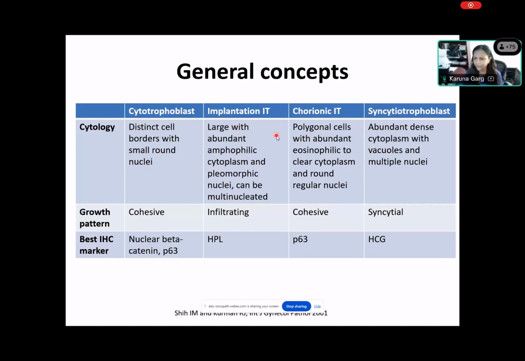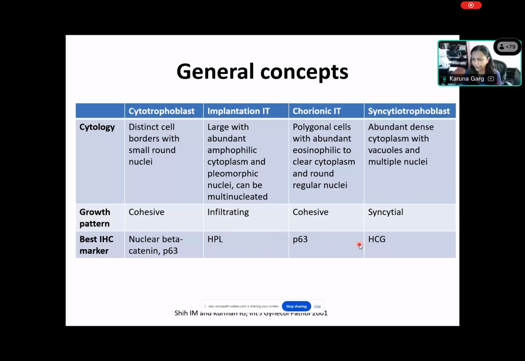The implantation site trophoblasts are the ones that are bigger cells but are mononuclear. And this is the best immunohistochemical marker if you're trying to sort out these types of trophoblastic cells. So implantation site intermediate trophoblasts stain for HPL or human placental lactogen, and chorionic type intermediate trophoblasts stain for P63.